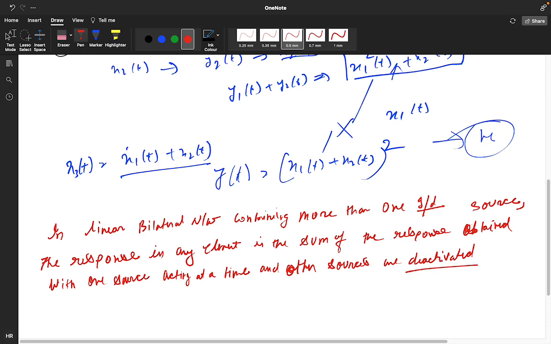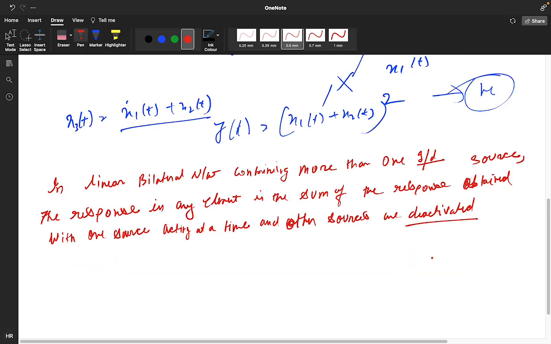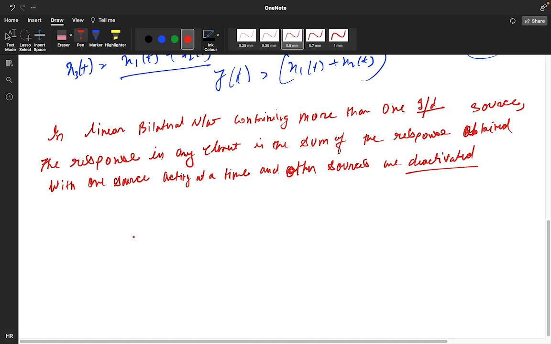But you have to remember this point. Your linearity and homogeneity principles should be applicable. So what is the meaning of deactivated?